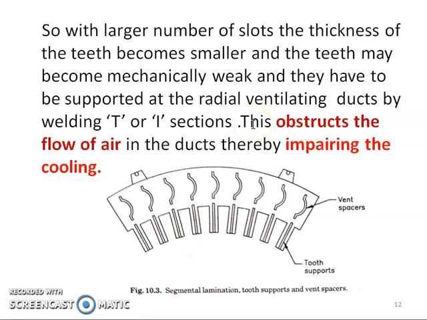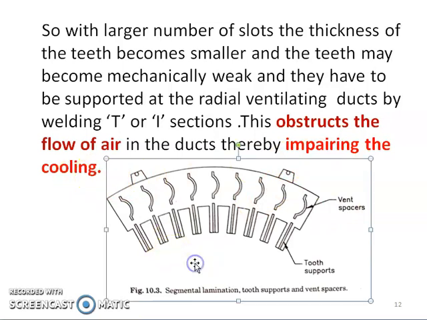This statement clearly says that to mechanically reinforce the tooth section, if T or I sections are welded at radial ventilating ducts, then definitely this will obstruct the flow of air through the radial ventilating duct, which gets reduced because of these sections, and this will impair the cooling. So when the designer chooses a large number of slots, that will affect the cooling of the machine.